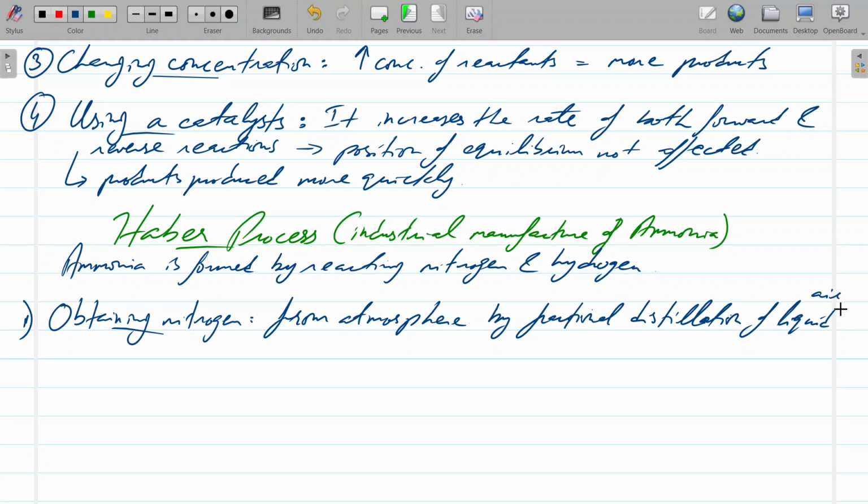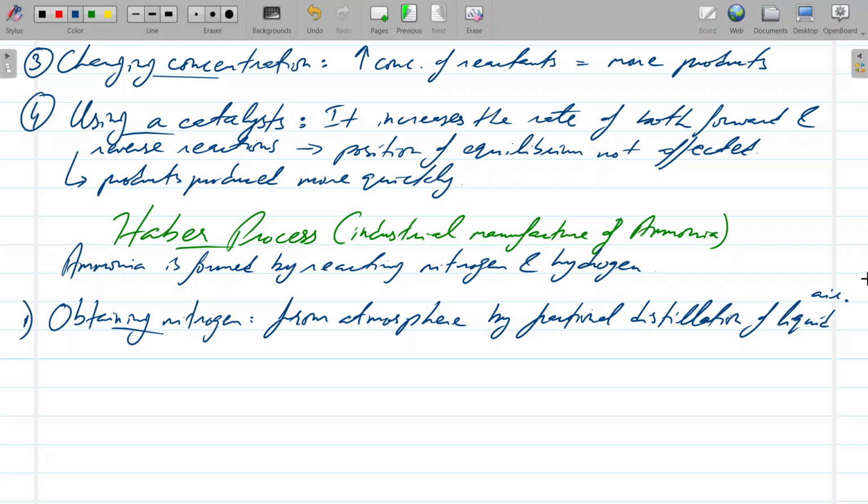What is fractional distillation? You've come across this when we talked about the fractions of crude oil. Remember? Crude oil is heated to a certain temperature, and then the fractions move up the column. As they keep moving up, the temperature keeps decreasing, and so they start condensing and separating.